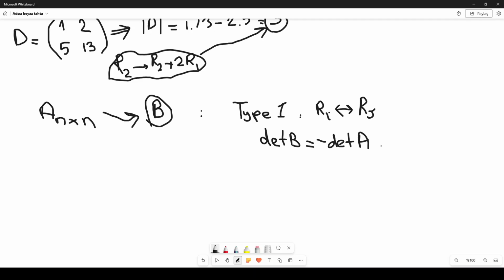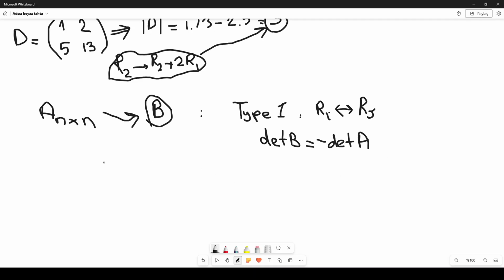But if we have an odd number of row exchange operations, then we multiply the determinant by minus 1. So this is the impact of type 1 operations. If I have, for instance, 3 row exchanges, it means minus 1 times minus 1 times minus 1, which is minus 1.